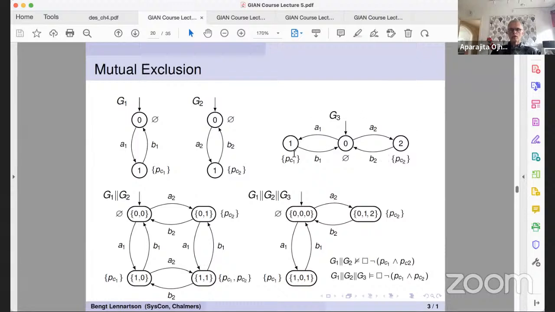If you call that a controller, then you get instead this behavior, and there you can see that we avoid this bad state. So G1 and G2 does not satisfy always not (PC1 and PC2), while when you introduce G3, then G1 synchronized with G2 synchronized with G3 satisfies this: always not (PC1 and PC2).